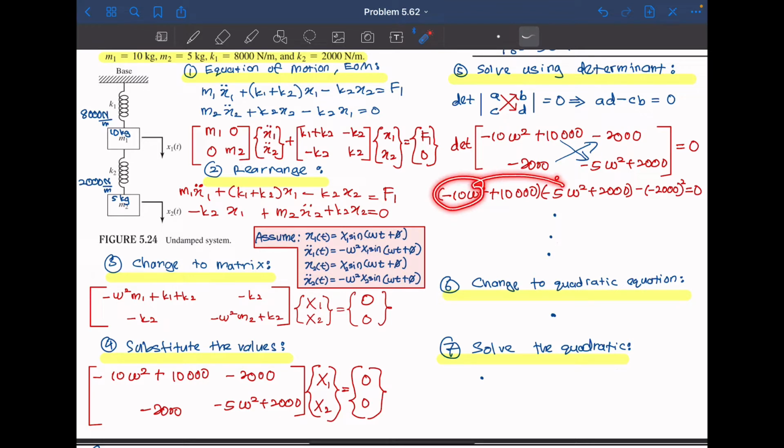So this one multiplied with this one, and then negative 10 omega square times 2000, and the next positive 10,000 times negative 5 omega square, and then positive 10,000 times 2000, and in the end you'll get this.